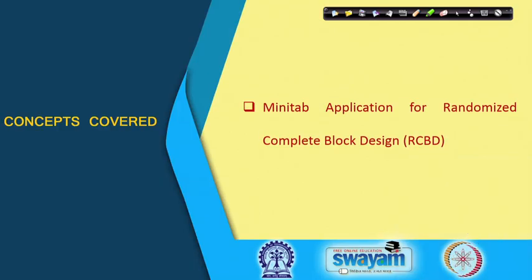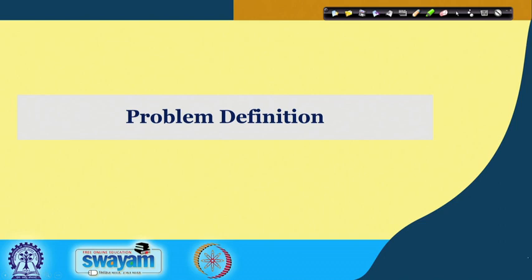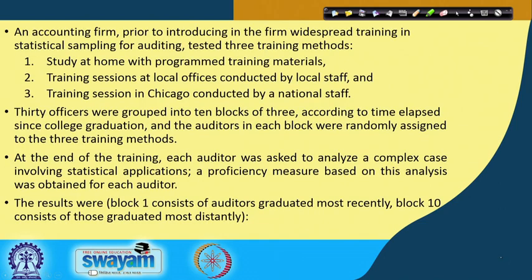So now let us see the Minitab application for randomized complete block design, and the problem definition is like this. There is an accounting firm, and prior to introducing in the firm widespread training in statistical sampling for auditing, it tested three training methods.